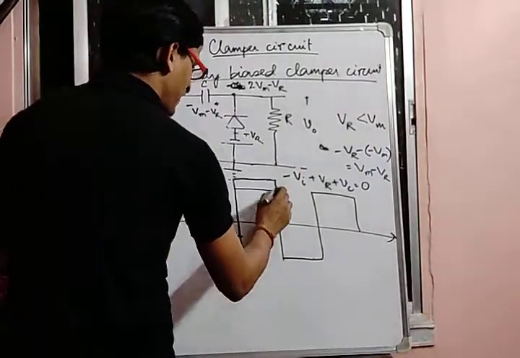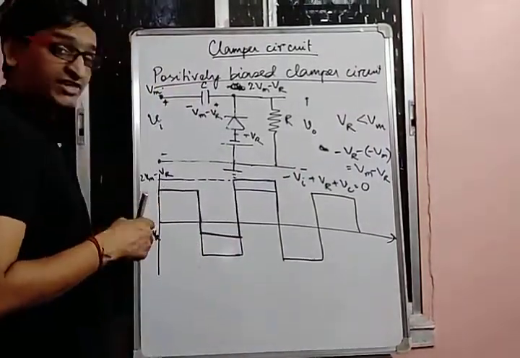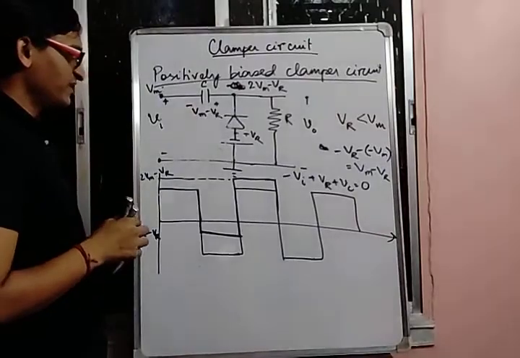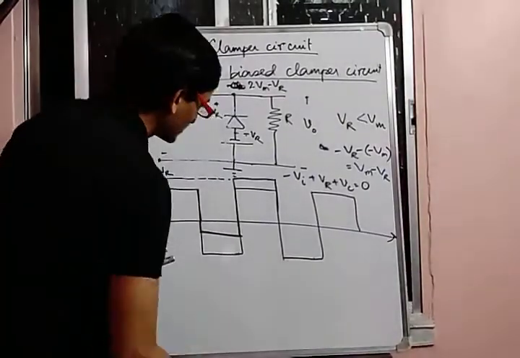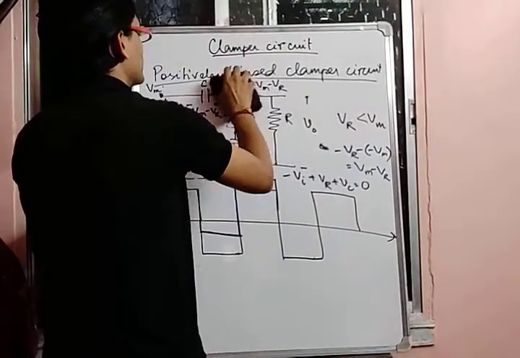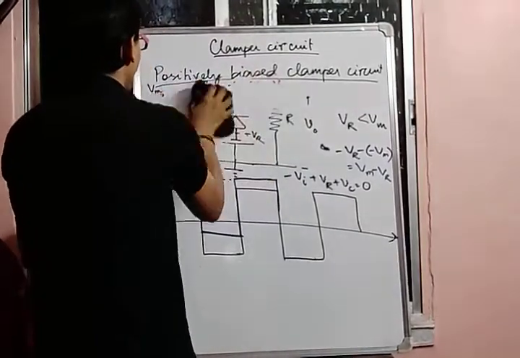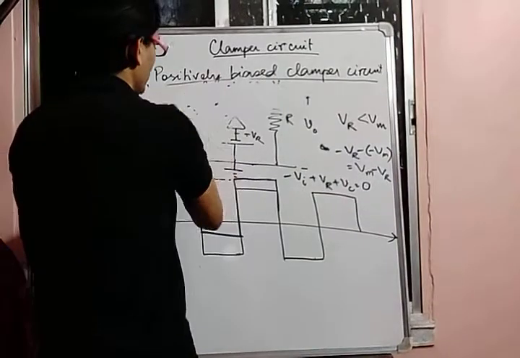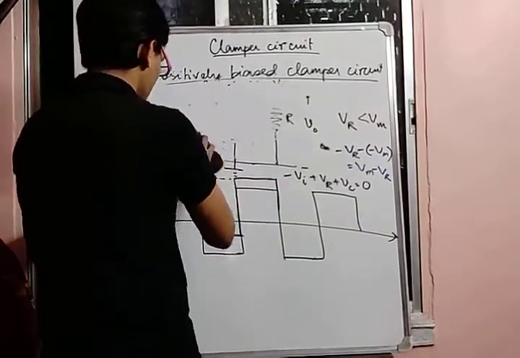So now during the negative half cycle, what will happen? Let me redraw it again. It has become very clumsy.